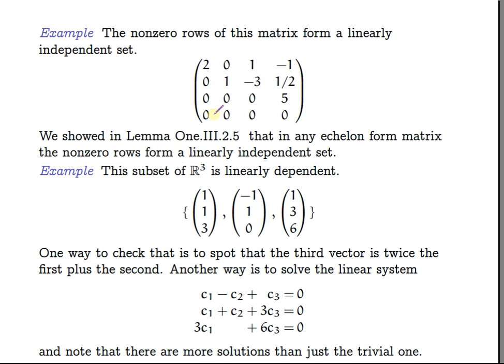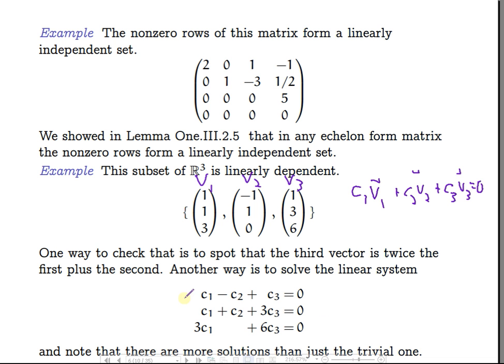Another example of linear dependence, these three vectors. Now, how would I set up a linear relationship among these three? If I call this one V1, this one V2, this one V3, a linear relationship would be C1V1 plus C2V2 plus C3V3 is equal to 0.